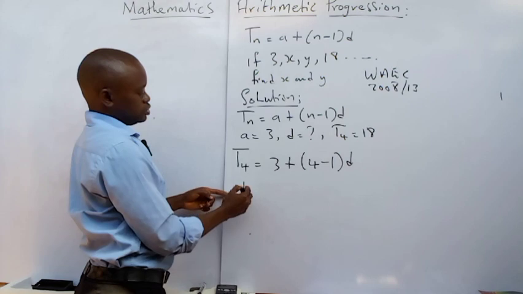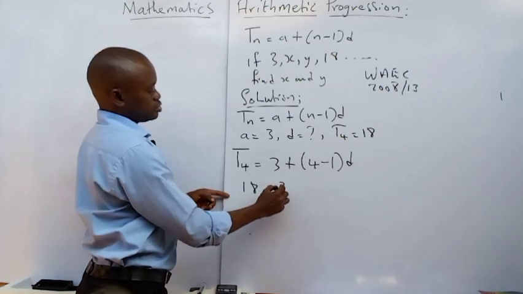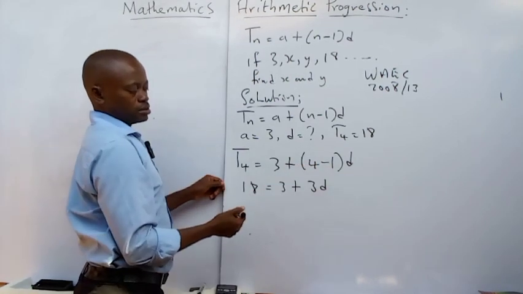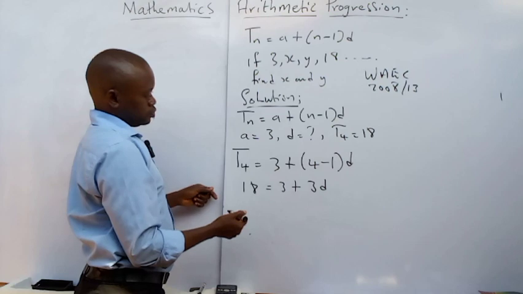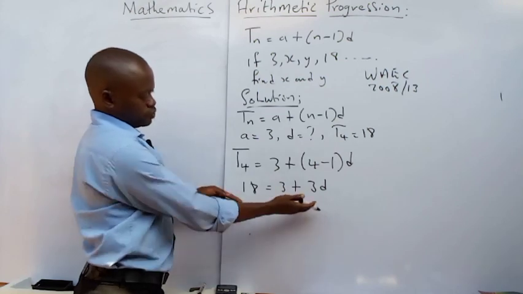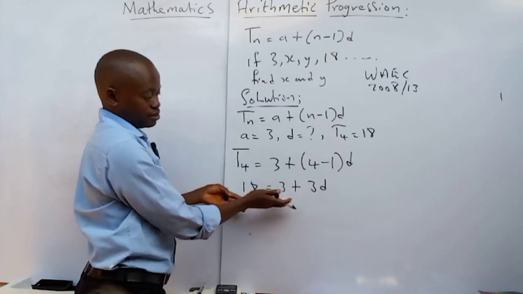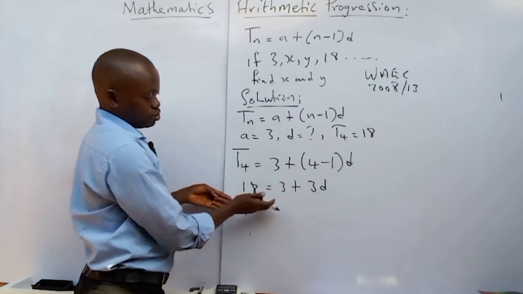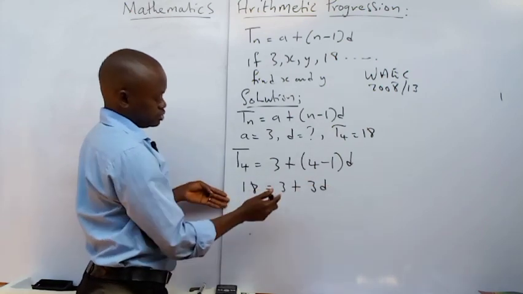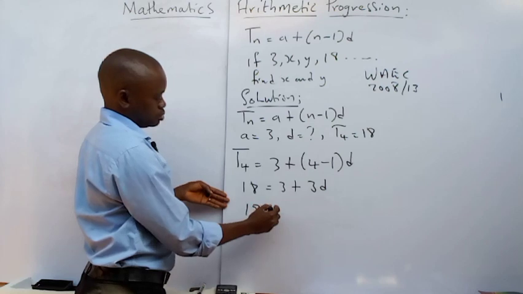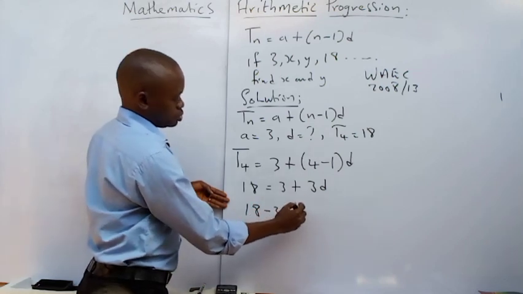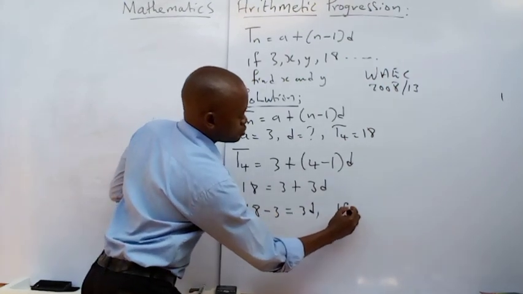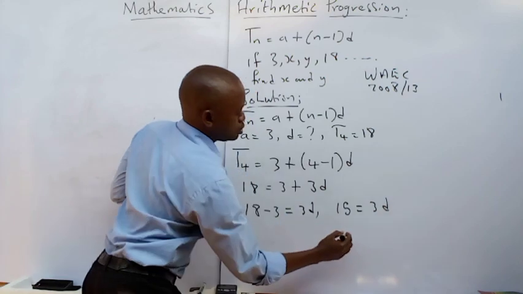So T4, which is 18, equals 3 plus 3d, because 4 minus 1 is 3. If we collect the like terms, this is just a simple equation. Collecting like terms, 18 minus 3 is equal to 3d. 18 minus 3 is 15, so 15 equals 3d.